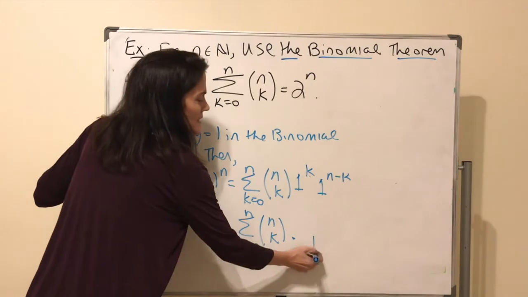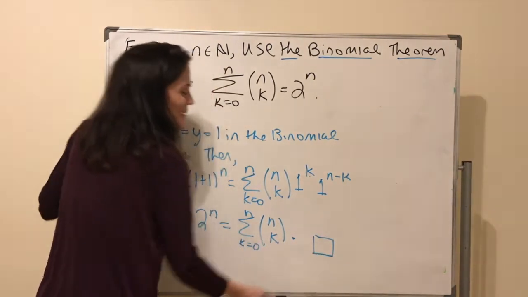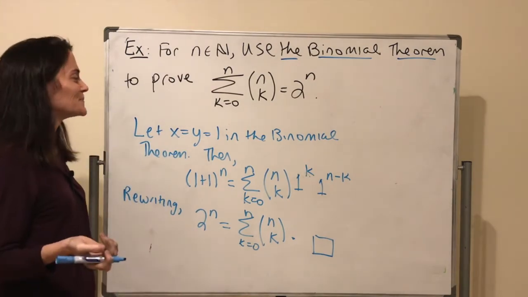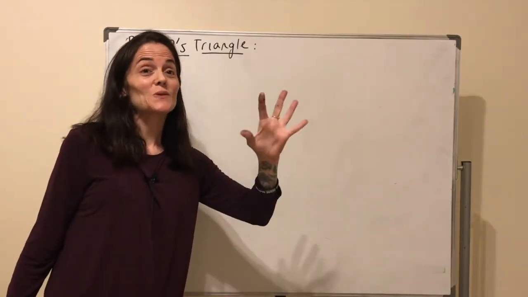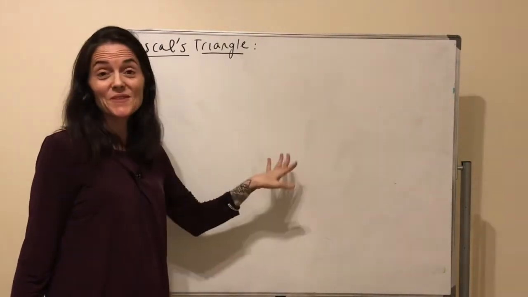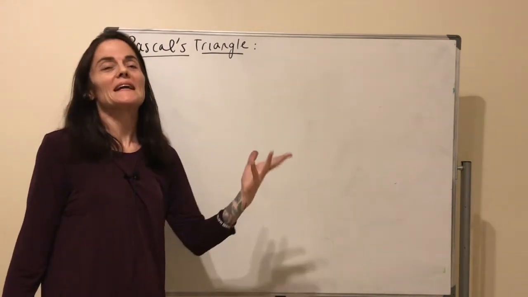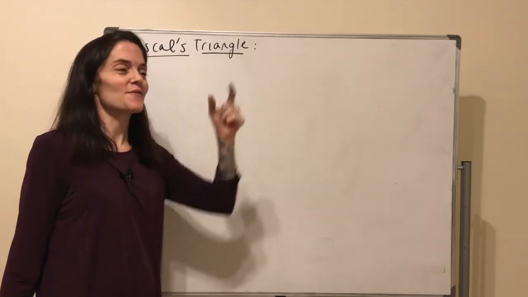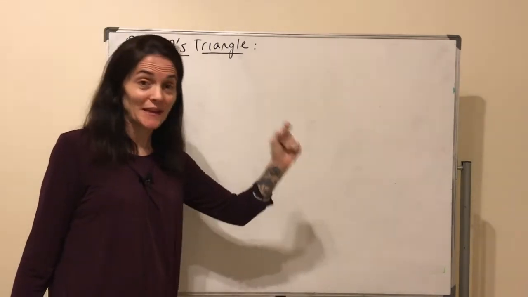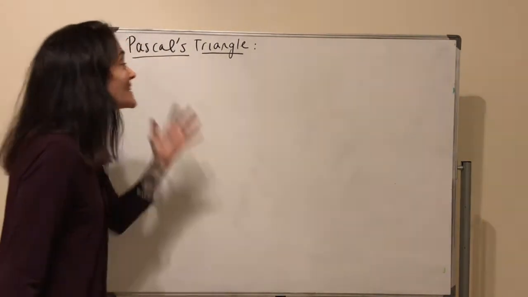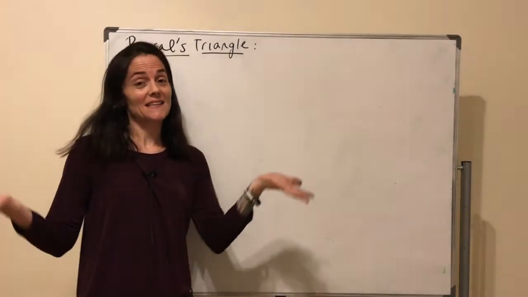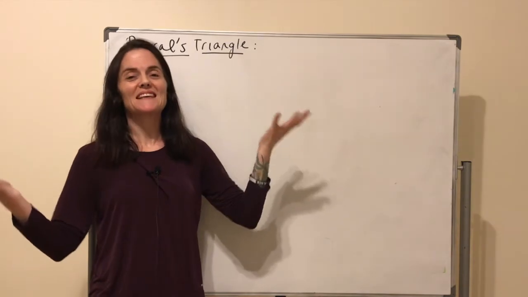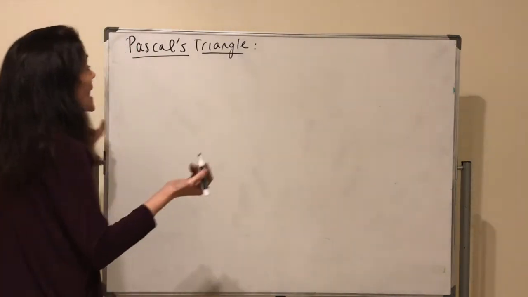Frequently, and you will see me do this throughout the semester, you can put a box to denote the end of your proof. Recall, I told you to remember this 1, 3, 3, 1 that was on the board. These were the binomial coefficients, 3 choose 0, 3 choose 1, 3 choose 2, and 3 choose 3. Well, now I will introduce something called Pascal's Triangle. This is an infinite triangle and is one of the most beautiful things in math. Well, how do we make this?